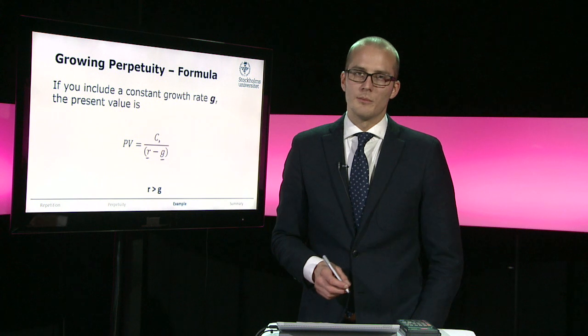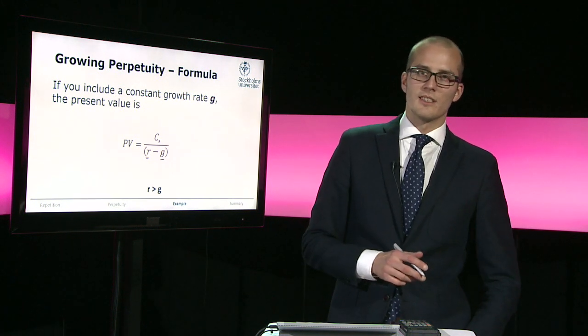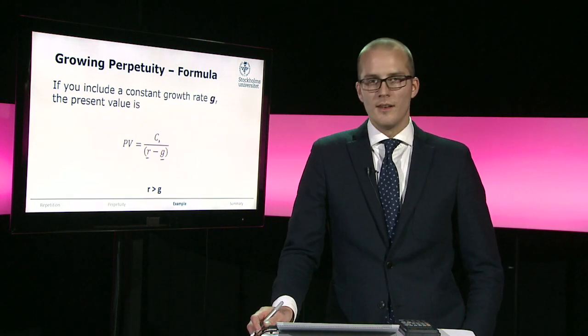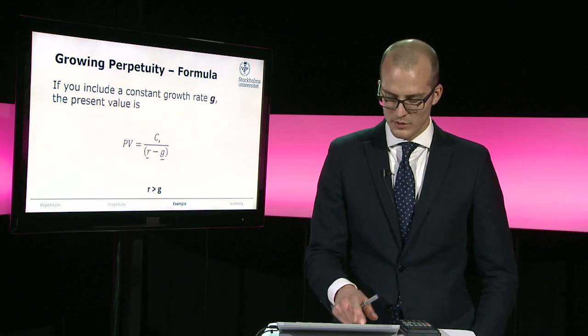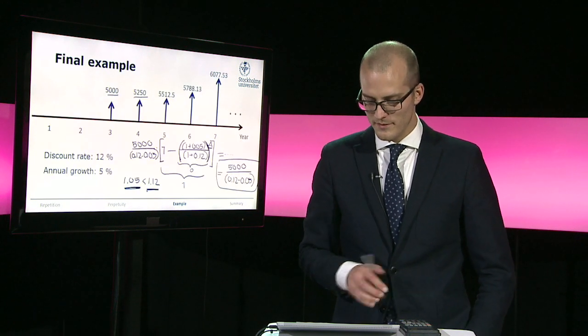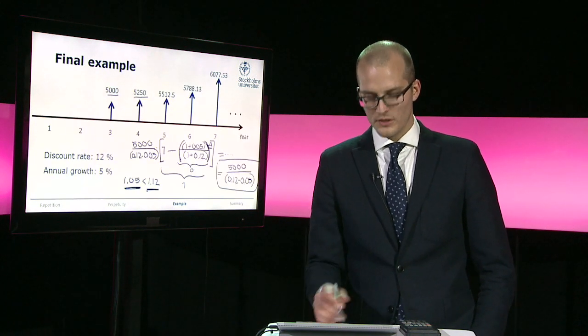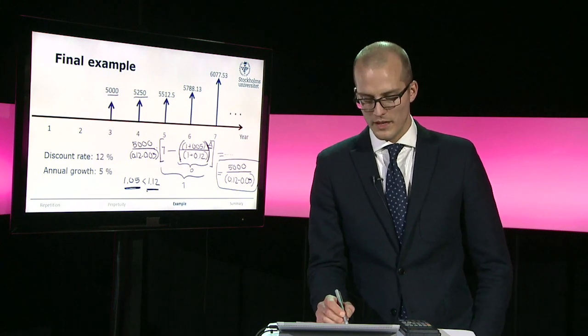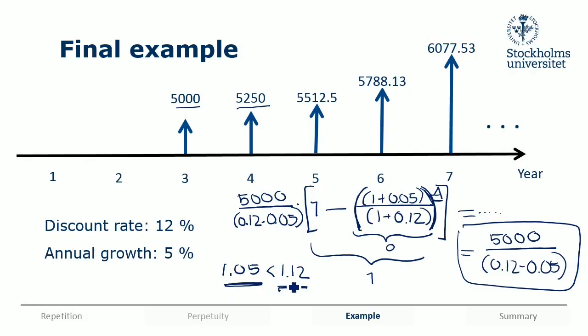And it is important that the interest rate is greater than the growth. Well, why is that? We can just go back to this slide, and if we imagine it would be the reverse, we have a 5% interest rate and a 12% growth. Well, then this term will go towards infinity faster than this term, which will make this here infinitely large.